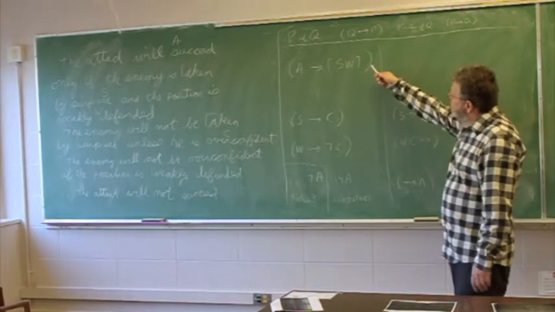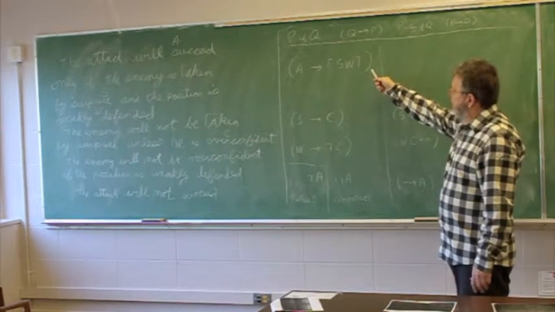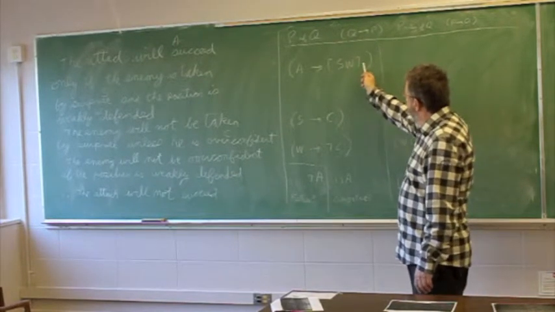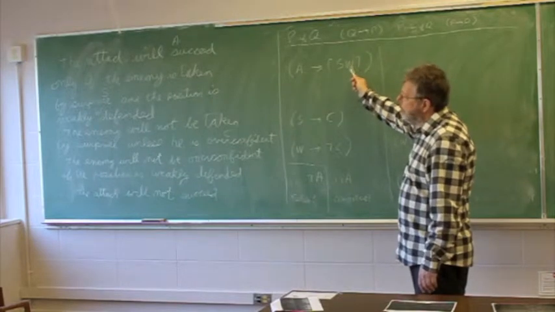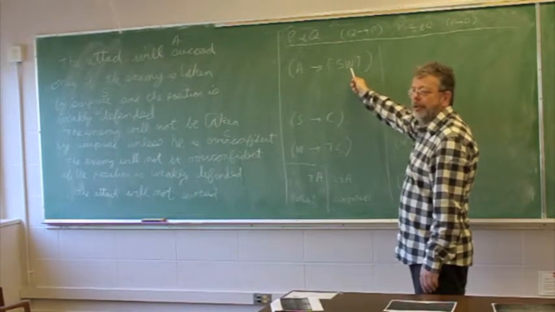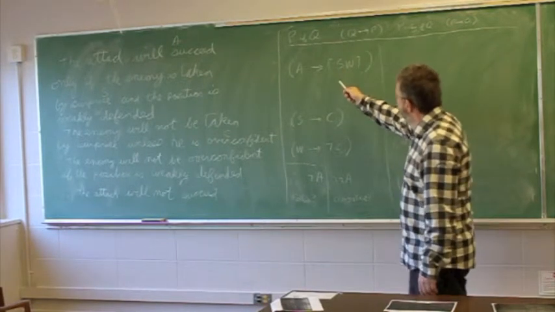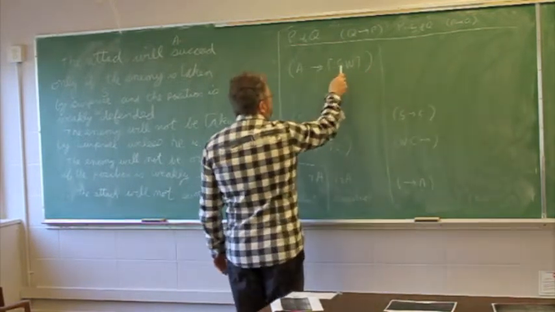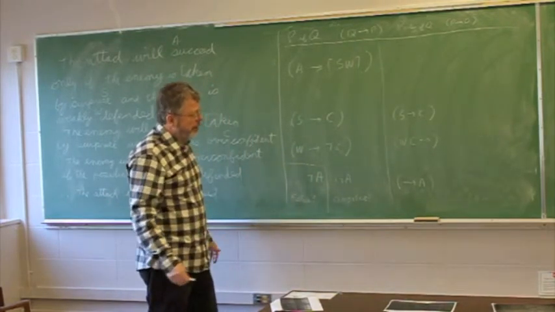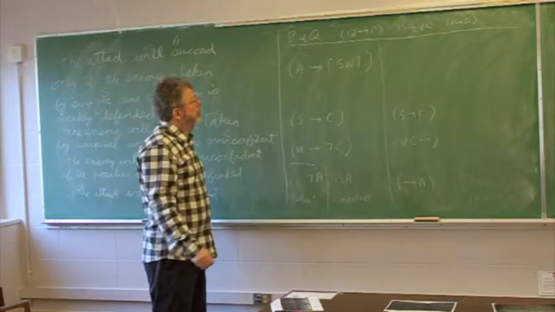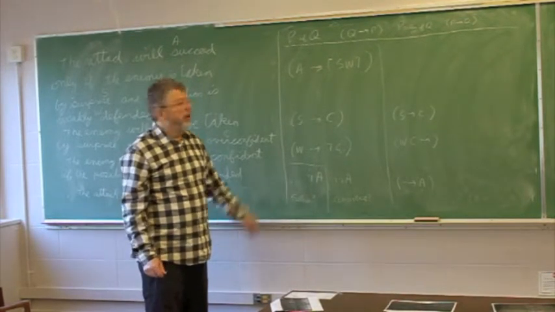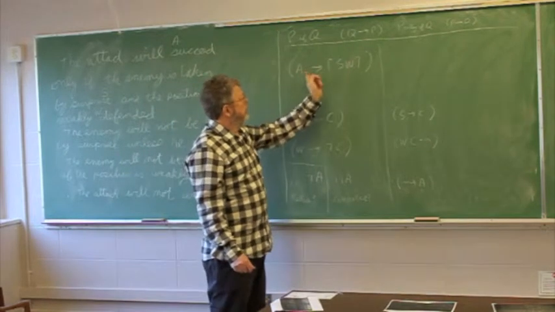And then this one is also not a clause because there's a conjunction in it. Furthermore, it's not even equivalent to a single clause, because what it's saying is that A implies two things. But, and this is hardly magic, it is equivalent to two clauses: one says that A implies S, the other says that A implies W.